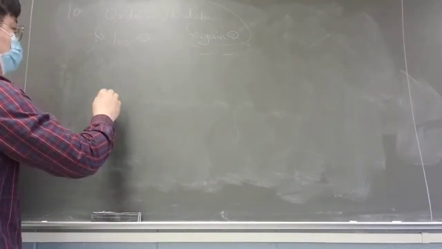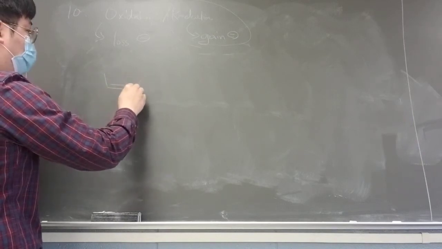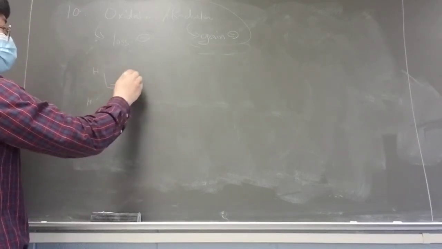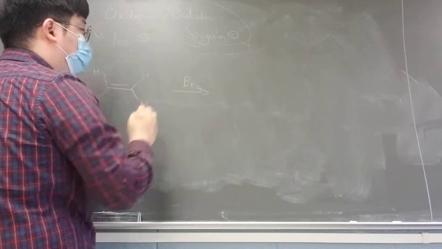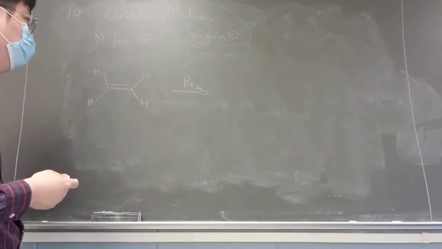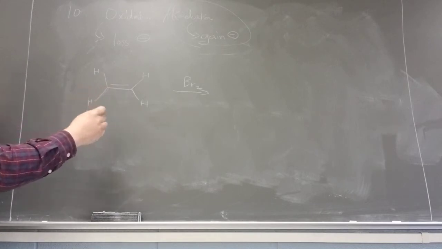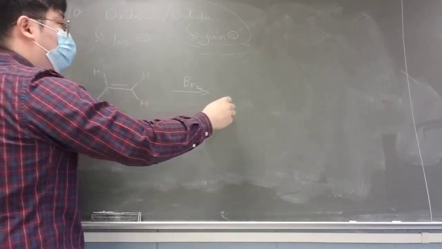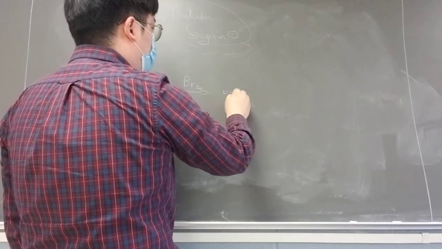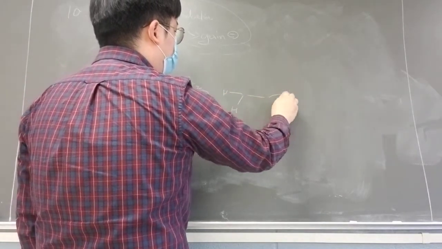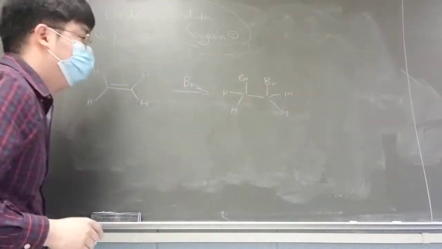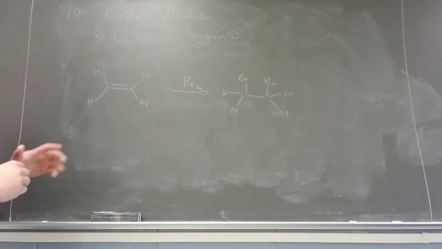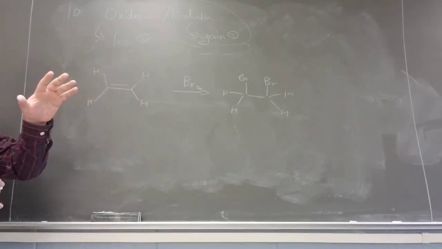Whenever you have an alkene, which is also what we learned before, you can try to brominate it with the X2 group, like bromine molecules. When they go in, you can have this type of bromination here. And in this case, can you guess what happened to this one?